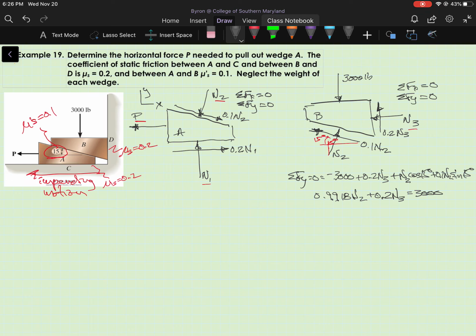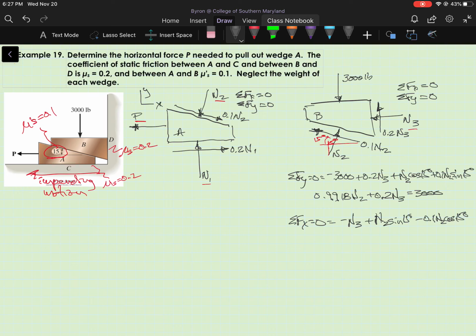So the sum of the forces in the x direction for the free body diagram of wedge B equals minus n sub 3 plus n sub 2 sine 15 degrees minus 0.1 n sub 2 cosine 15 degrees.